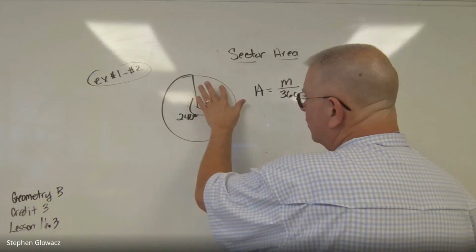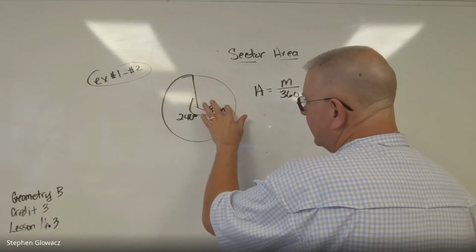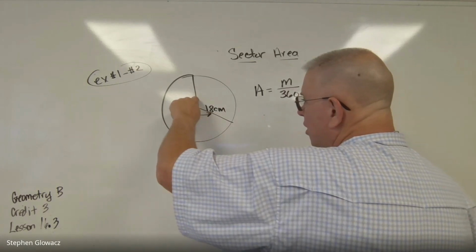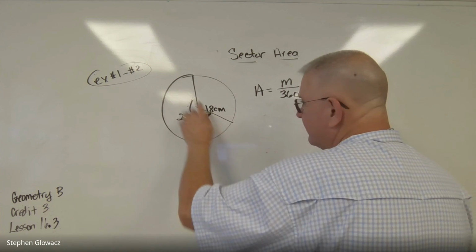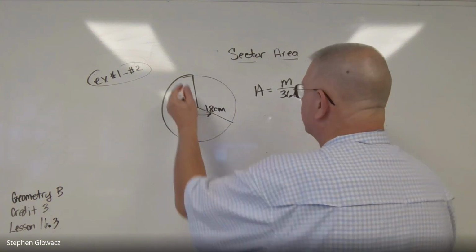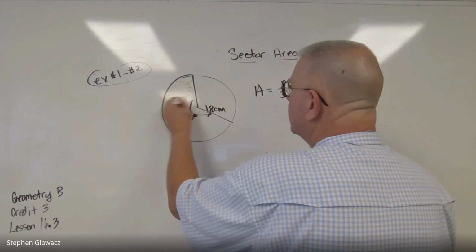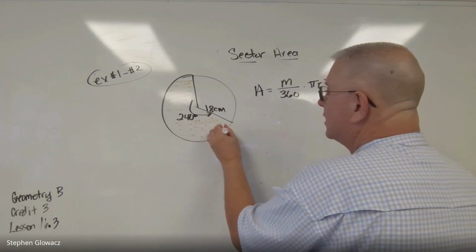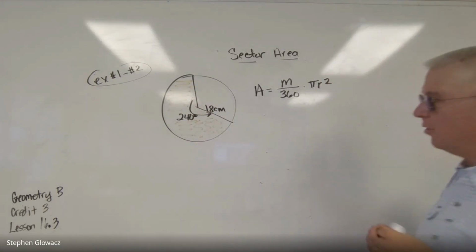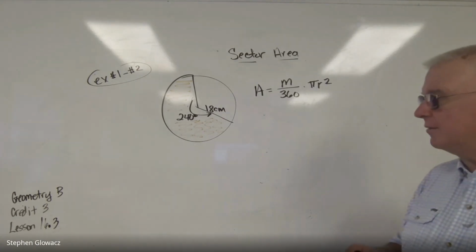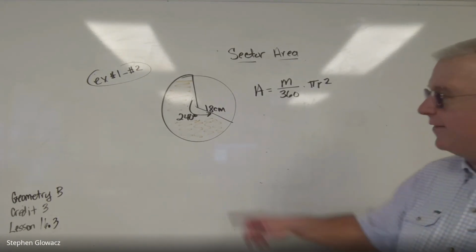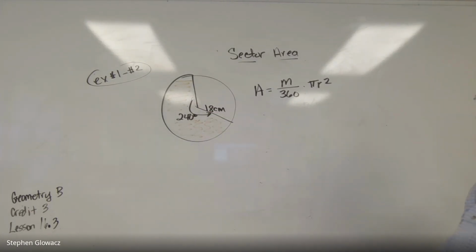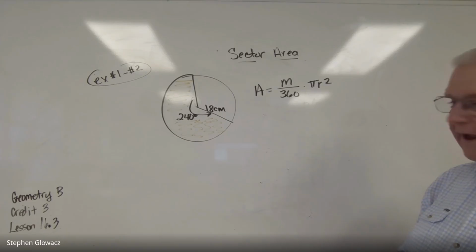It might look like they want us to find this area here, but notice the angle that we're given, and we can tell by the way it's drawn, we're trying to find the area of this sector, all of this over here, which let's color in orange. That's the larger of the two pieces that we're trying to find the area of. And that's because that's where the arrow is drawn, which tells us that's the part of the circle we're finding the area for.